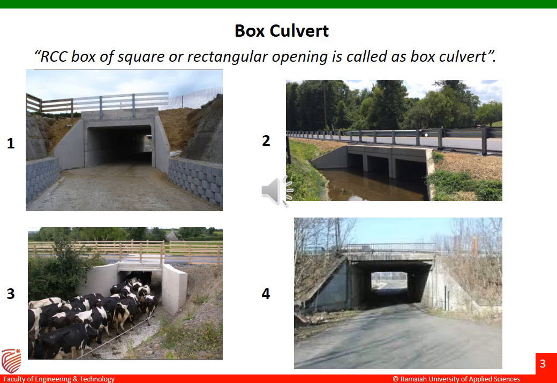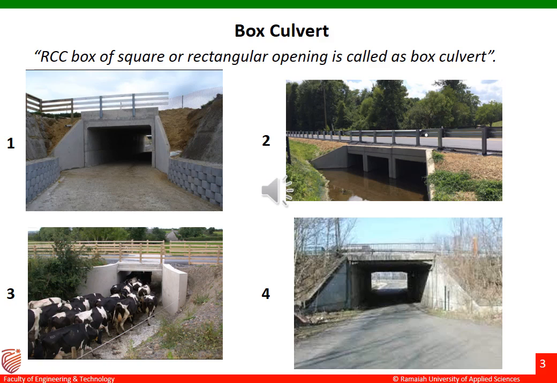You have to provide the passage if you have expressways or highways in a forest area, or in places with a large amount of livestock, for the free movement of those animals.